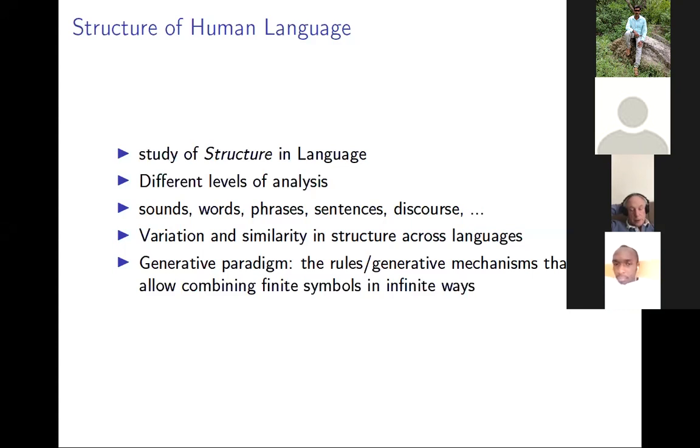This sound you will never find in any English word, but this sound is quite common in many other world languages. So there are rules for each language on how the sounds can be organized to form words.